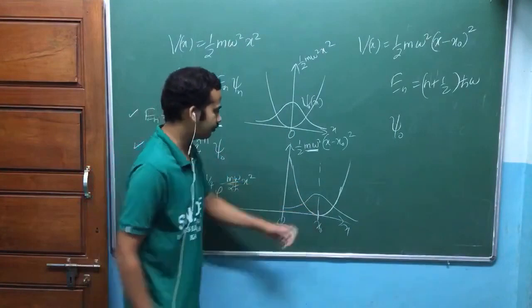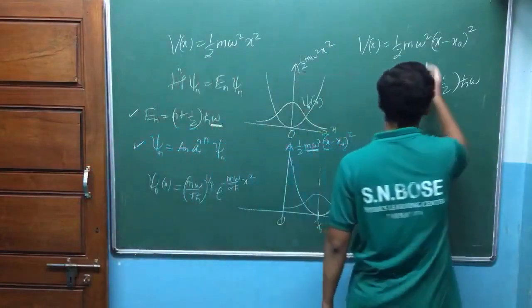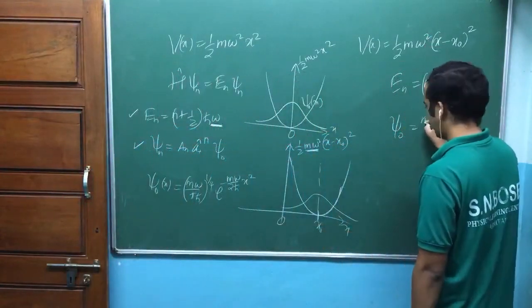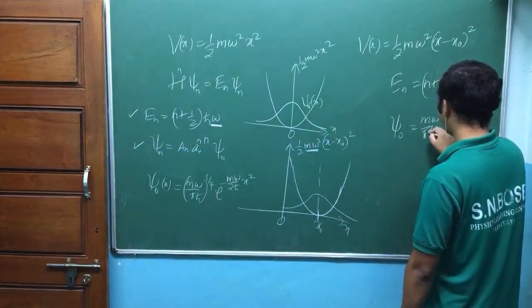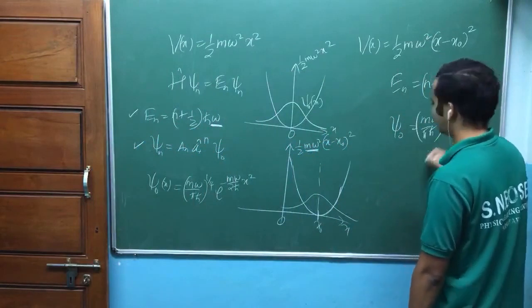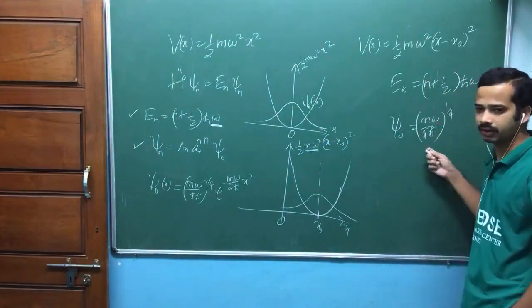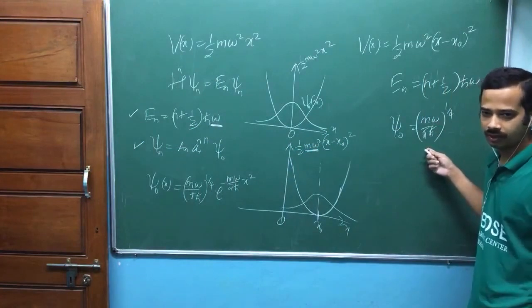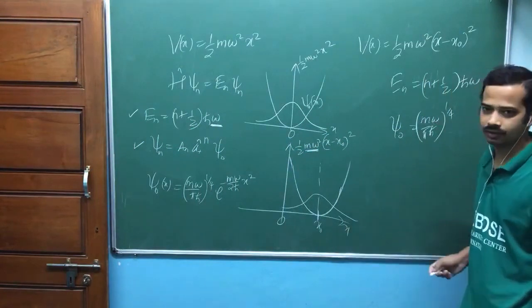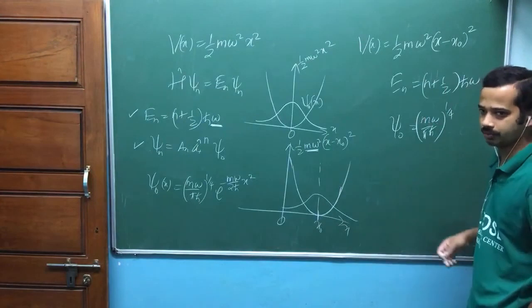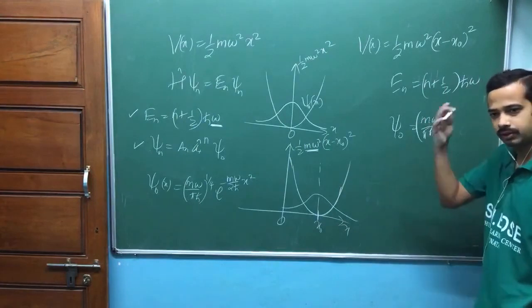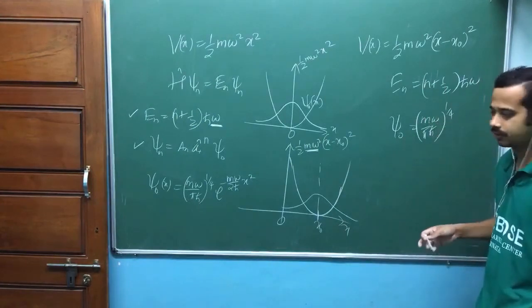That's why, what is this one? In this case, it is m omega by pi h bar raised to 1 by 4. This normalization factor depends on the area under the curve. Area under the curve will not change if you shift the curve. I think I have shown this in the first chapter, not in this case, but in the case of a Gaussian function. Is that okay?